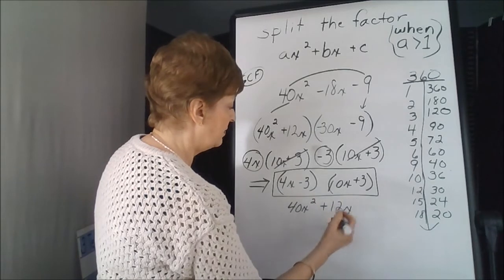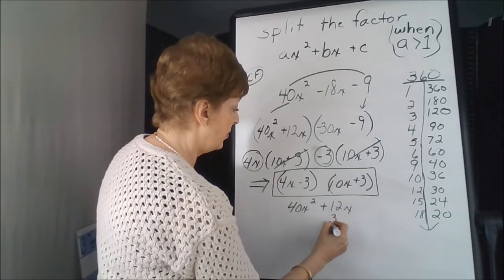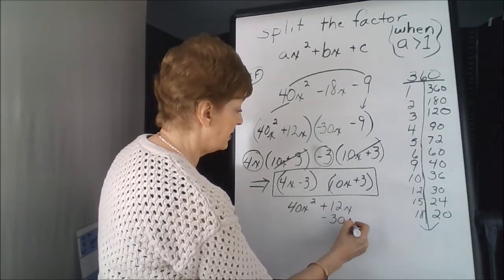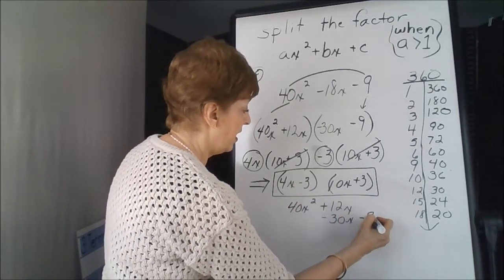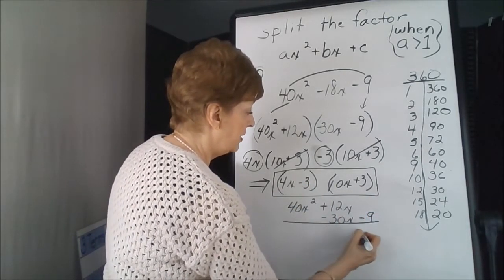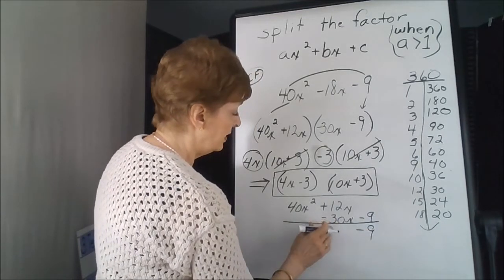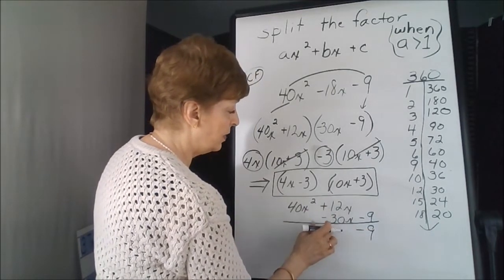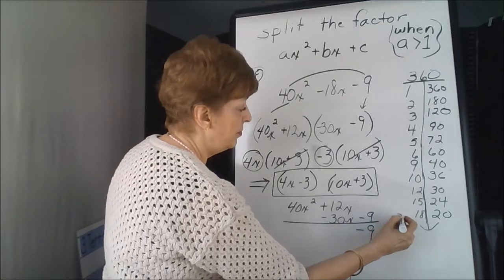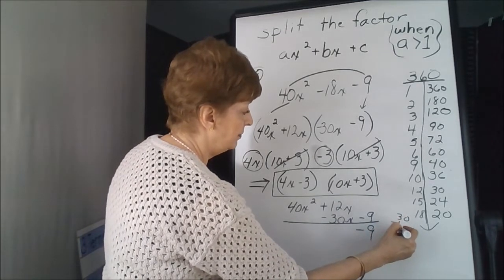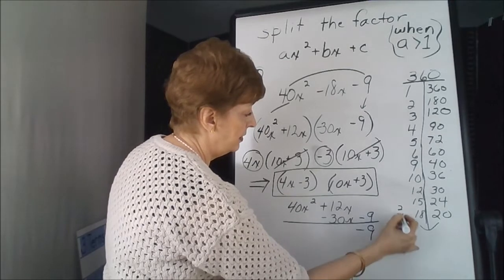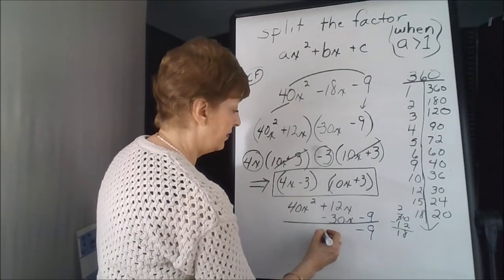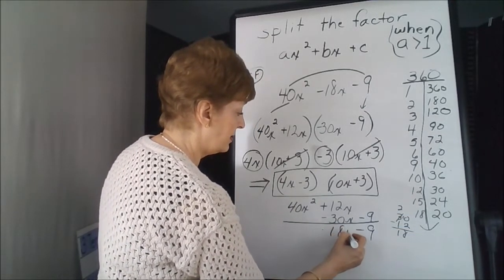Negative 3 times 10 is 30, a negative 30x. And sweeping over here, we have a negative 9. This is harder to subtract when it's like this. Maybe you'd need a little side problem. 8 and 1. So we have an 18x.